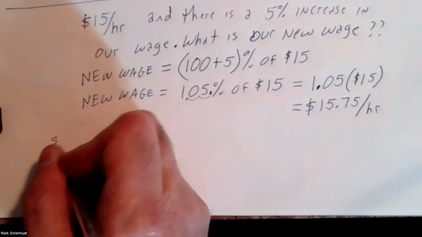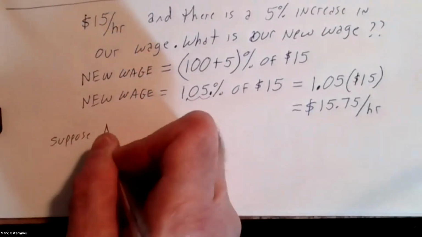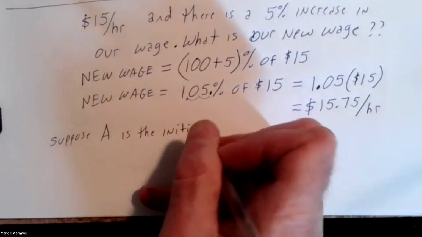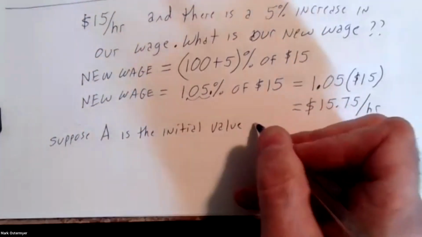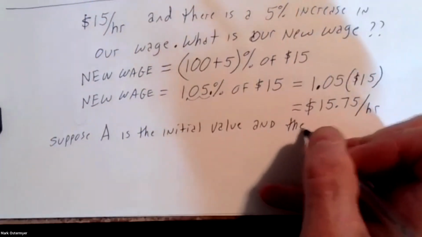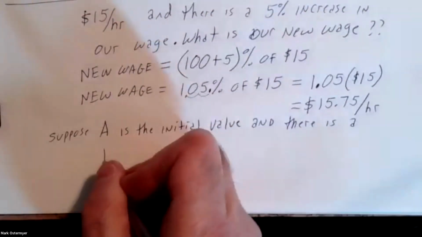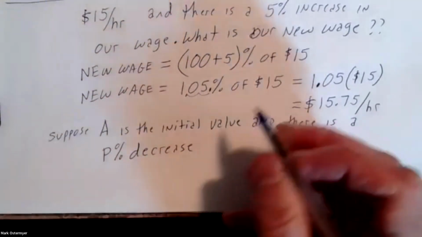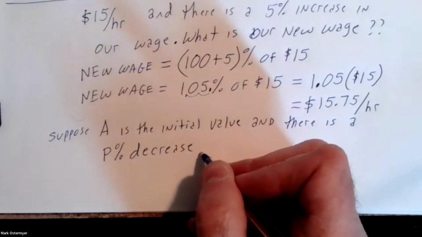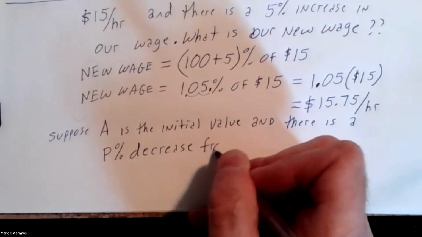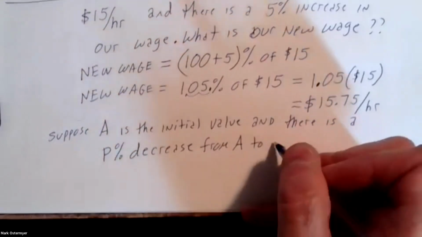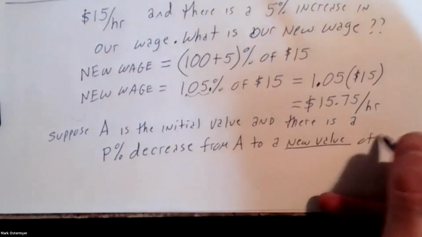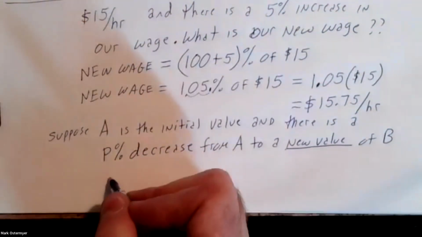Okay, suppose A is the initial value in something, whatever it is, and there is a P% decrease, not increase, but decrease, from A to a new value of B. Well, then we can conclude this.